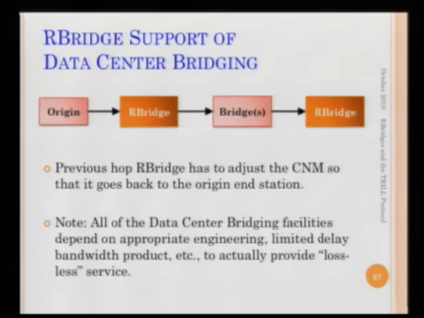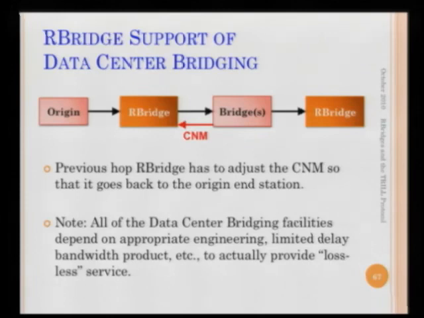An example here of the bridges shown, one of those has a backup. It would generate a congestion notification message based on the TRILL data frame, which has a source address of the previous hop RBridge. So that congestion notification message would just go back there.